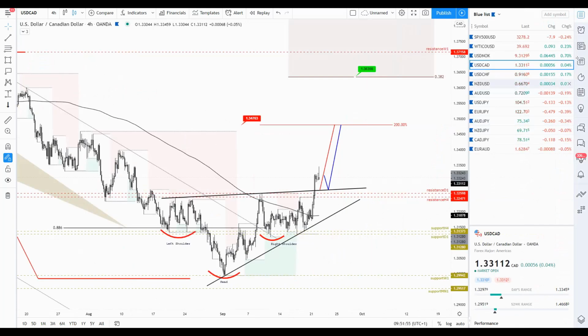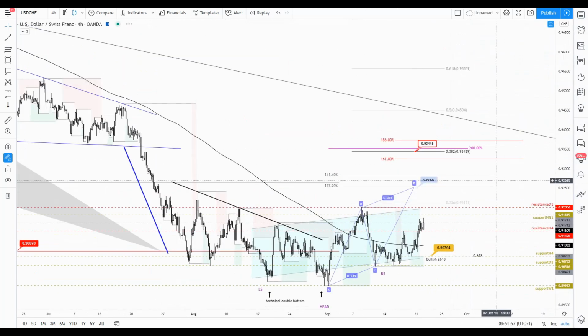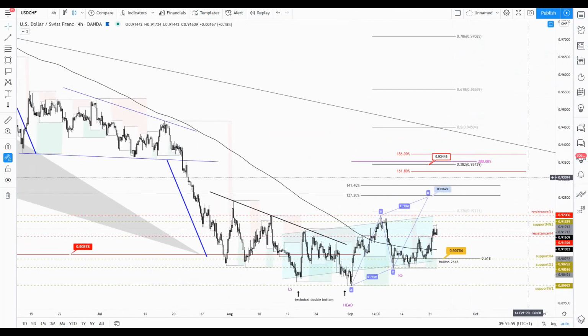Then we have CHF. I still believe we are heading to this eventual ABCD pattern, and we are now threatening it. Actually, we have violated the most recent fractal resistance, and we are already approaching the monthly fractal support.